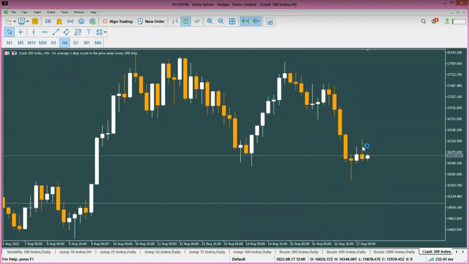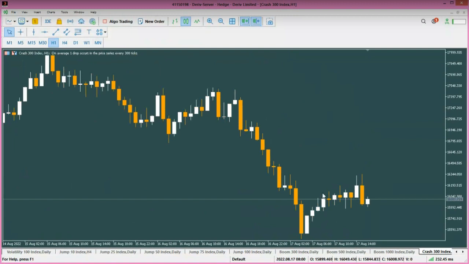Previous 4-hourly time frame, previous 1-hourly time frame, not the current one that is still running. So doing this from week, day 1, H4, H1, we are doing the top-down analysis.